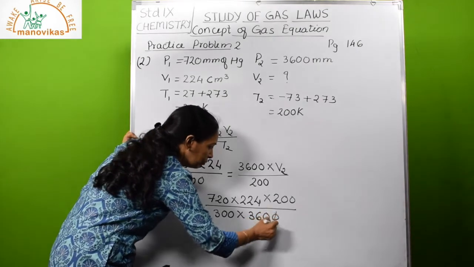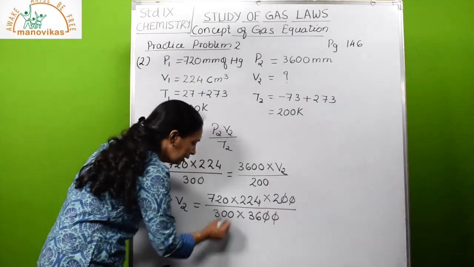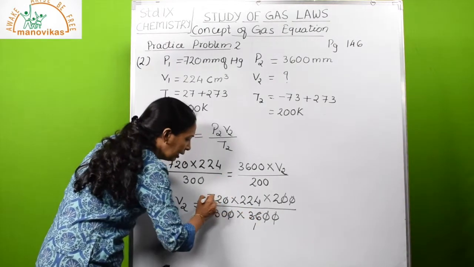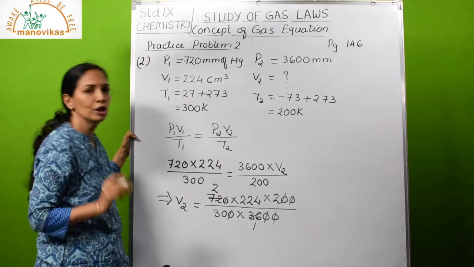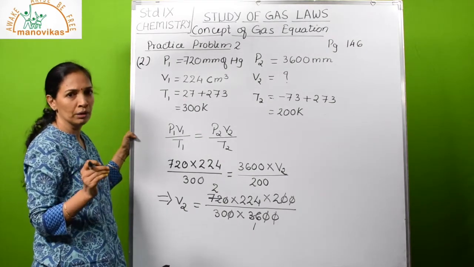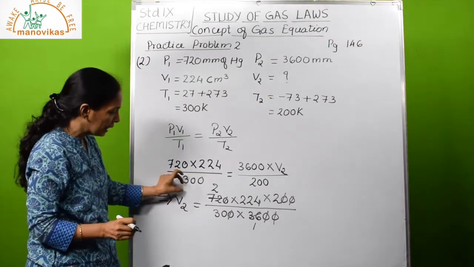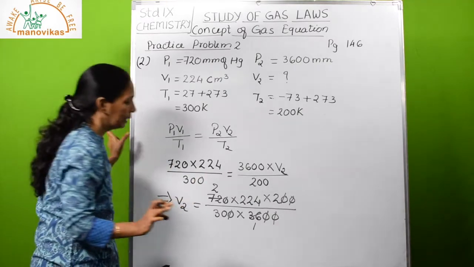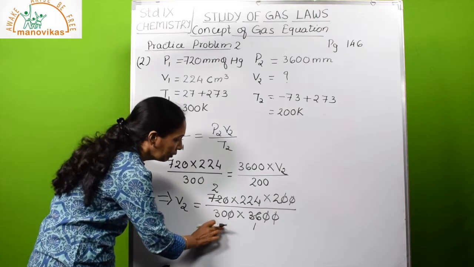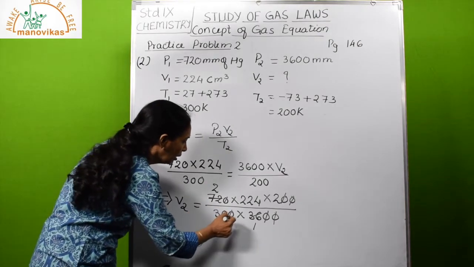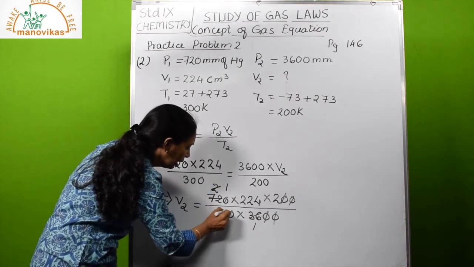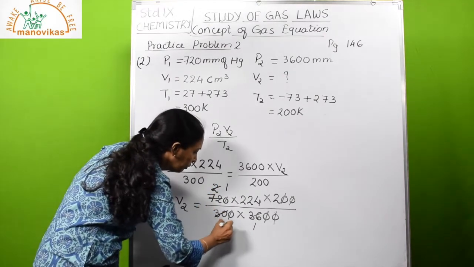So it will become, 0 will get cancelled, 1 will get cancelled. Now 36 ones are and 36 twos are 72. You can start with 2 even. Then what you do, you leave some space above this, so don't write immediately, so that there will be sufficient place for calculation. Now here this will be equal to 2 ones are and 2 15s are.